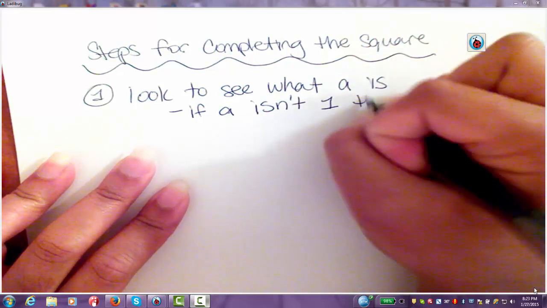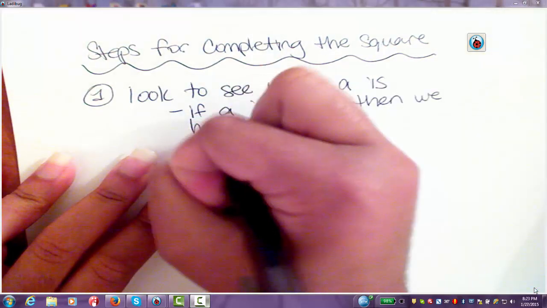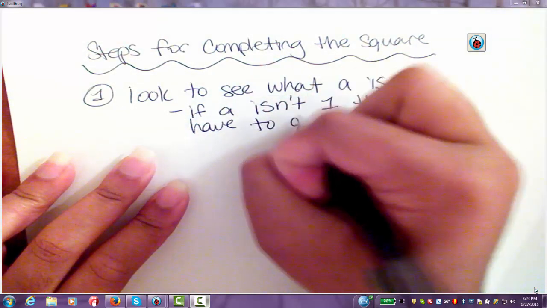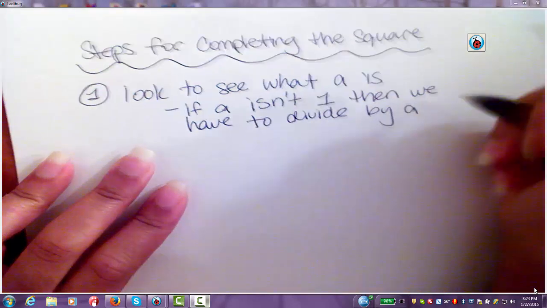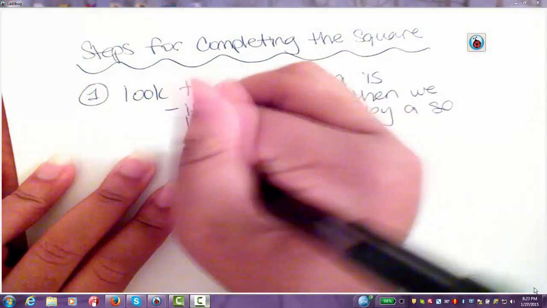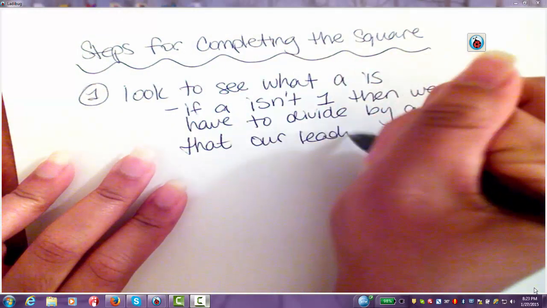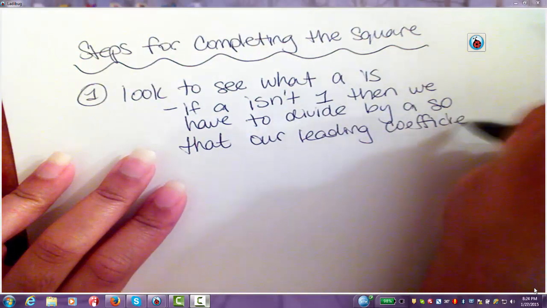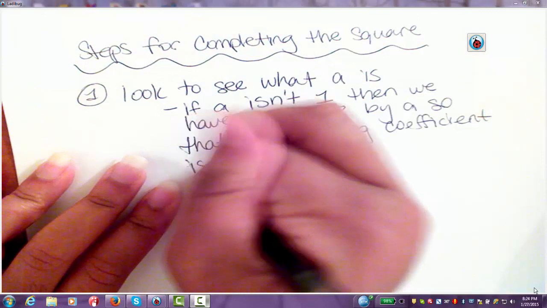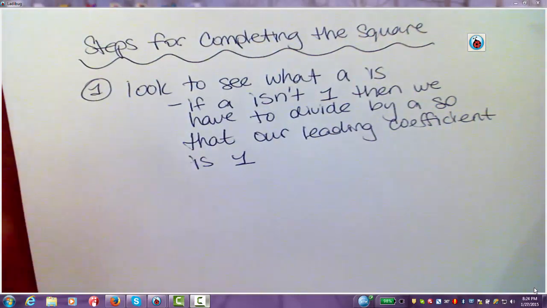The only way completing the square works is if a is 1.